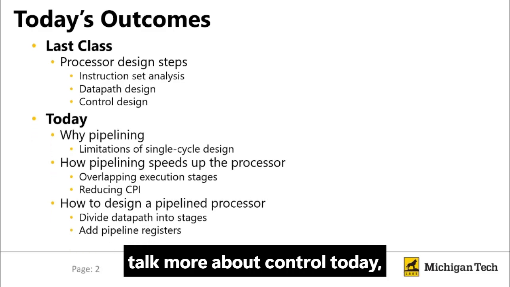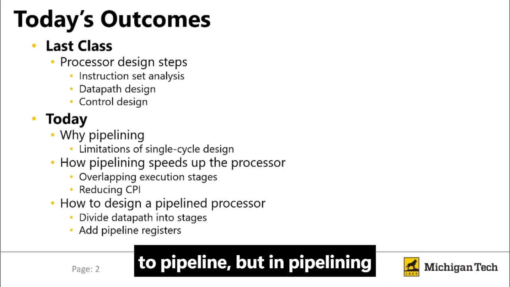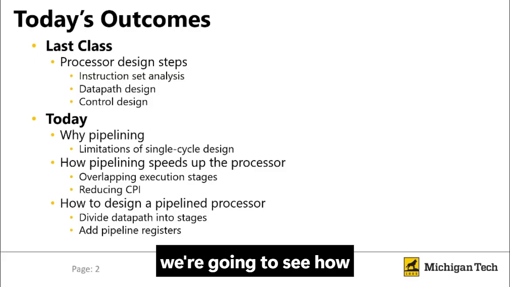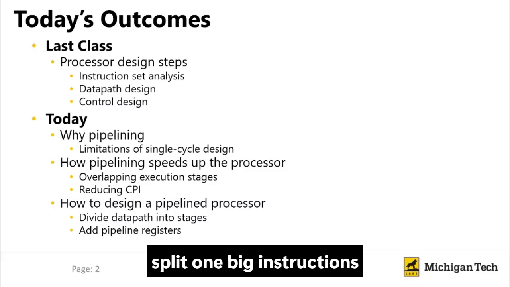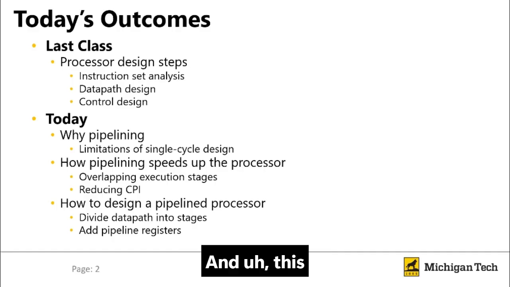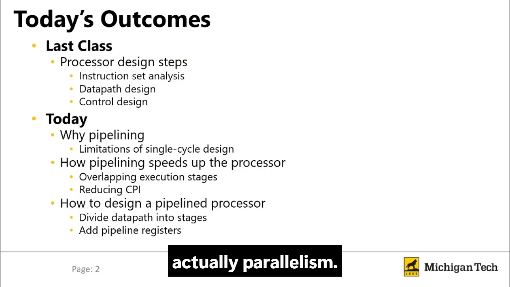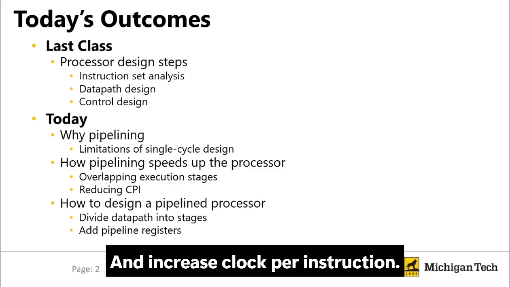We're going to talk more about control today a little bit before we go to pipeline. But in pipelining, we're going to see how we can actually split one big instruction into pieces, so that those pieces can be done in a shorter time. And this is going to give actually parallelism and reduce clock per instruction.